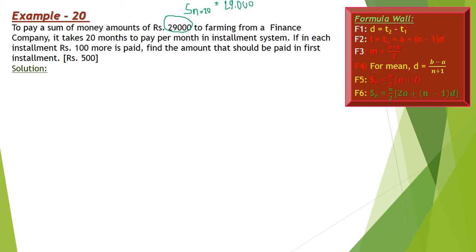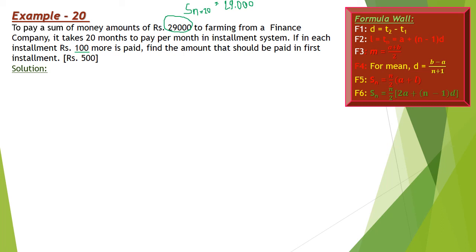It is completed in 20 months, or you can say 20 installments, and in each month rupees 100 more is paid. That means the first installment is whatever is paid, and in the next installment 100 rupees is added. Find the amount that should be paid in the first installment.